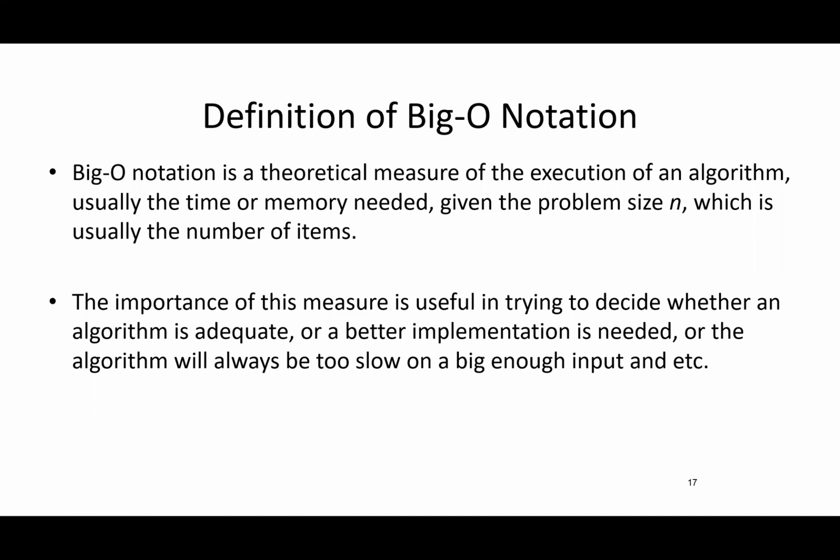Or you find after the big O that your algorithm will be very slow when your input increases. We have many different types of big O notation. Later I will also explain what types are available.